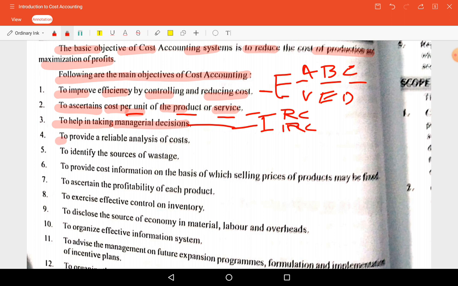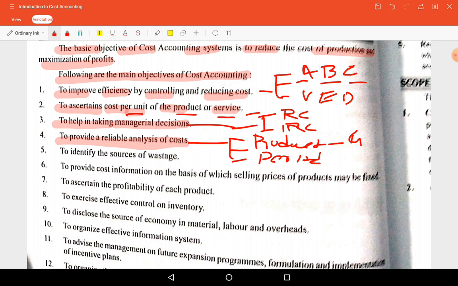Next, to provide reliable analysis of cost. Cost accounting makes the classification as product or production cost, you can say one classification, and period-wise. Period costs are not directly related with the production of goods or services.